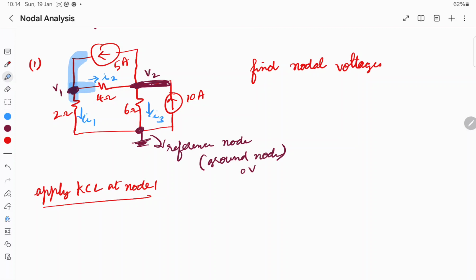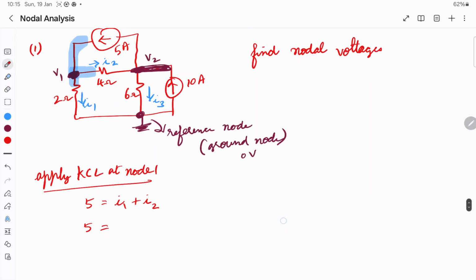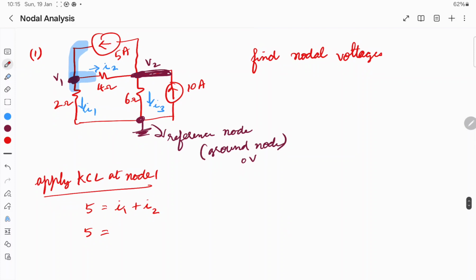In node 1, what is the current entering the node? 5 ampere is entering the node. The currents leaving the node are I1 and I2, so the sum is I1 plus I2. So 5 ampere is equal to I1 plus I2. What is I1? It's the current flowing through 2 ohms.